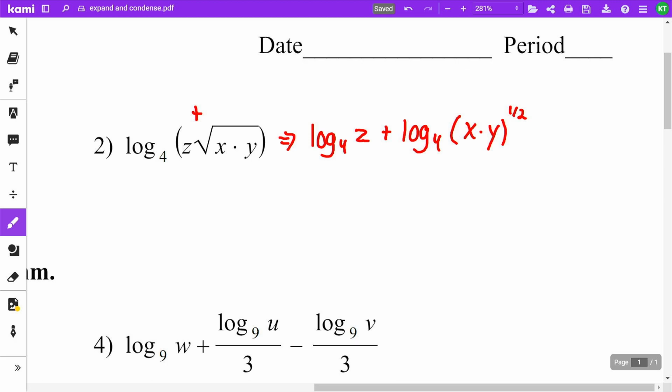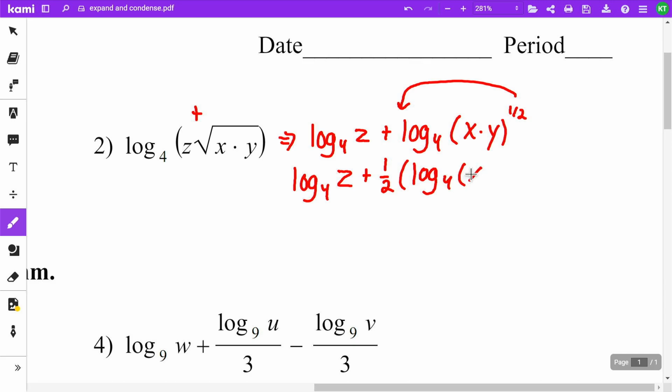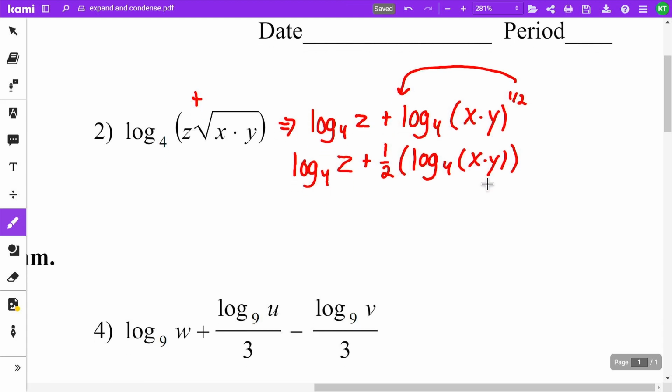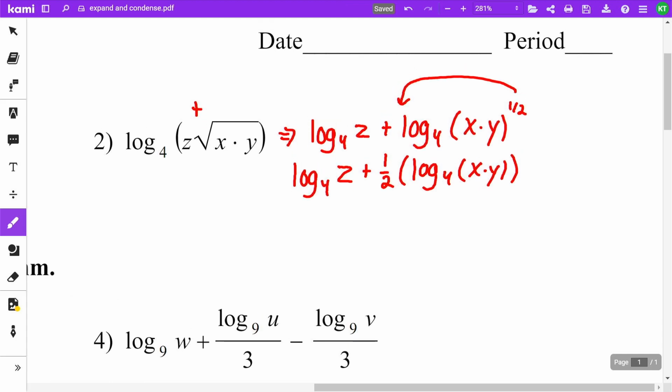Now I'm going to go ahead and apply my power rule by putting this 1/2 in front of this log here. So I will have log base 4 of z plus 1/2 times log base 4 of x times y. And then lastly, I'm going to split up this x times y using my product rule again. So I will have log base 4 of z plus 1/2 times log base 4 of x plus log base 4 of y.